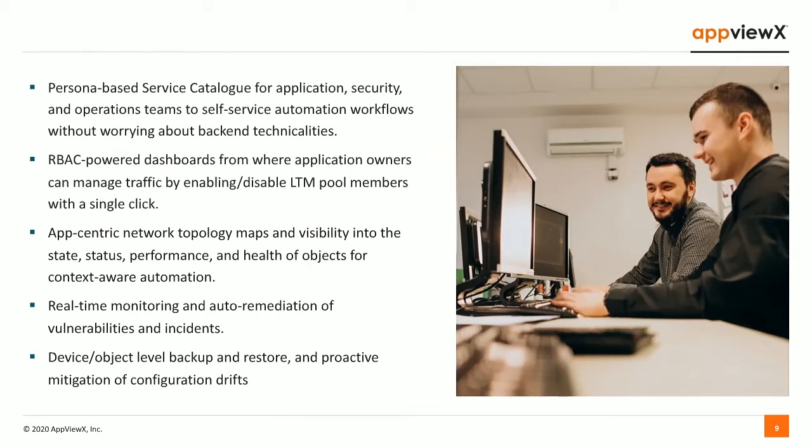You can look all the way from the top, from the DNS to the LTM to the servers, and you can see the connections and all the status. And it gives you real-time monitoring and remediation capabilities. And you can actually do an object-level backup and restore.